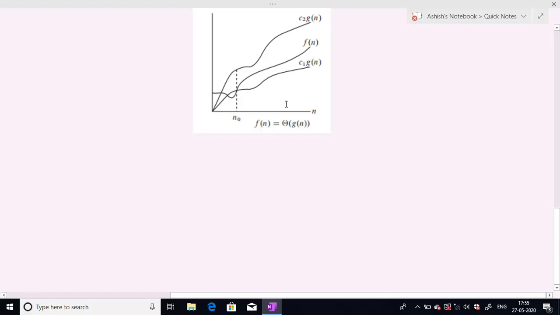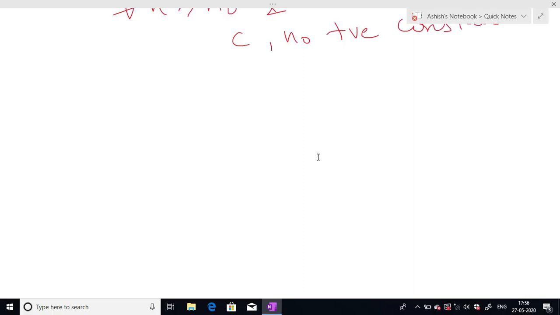This is the graph for f(n) equal to theta of g(n). Our function f(n) is greater than or equal to some positive constant times g(n) and less than or equal to another positive constant times g(n) for all n greater than or equal to n naught. We can say that our function f(n) is theta of g(n). Theta notation can be used to denote tight bounds of the algorithm.